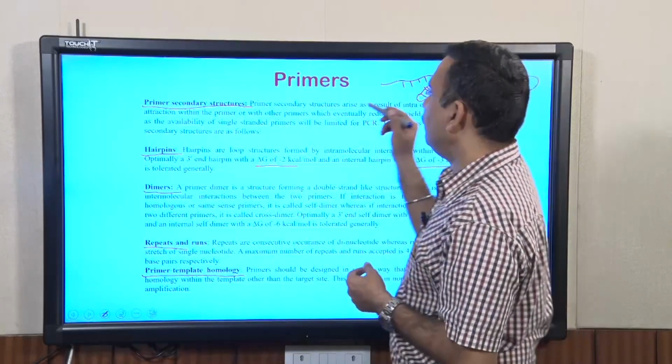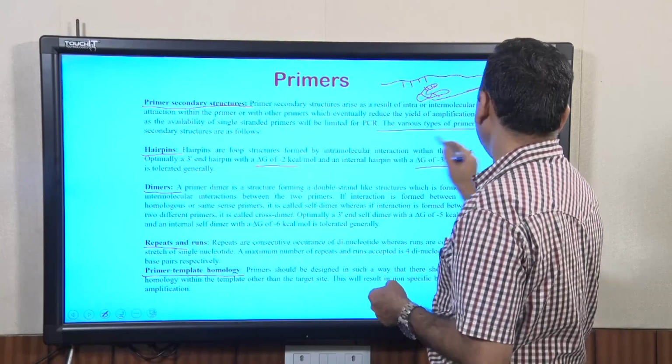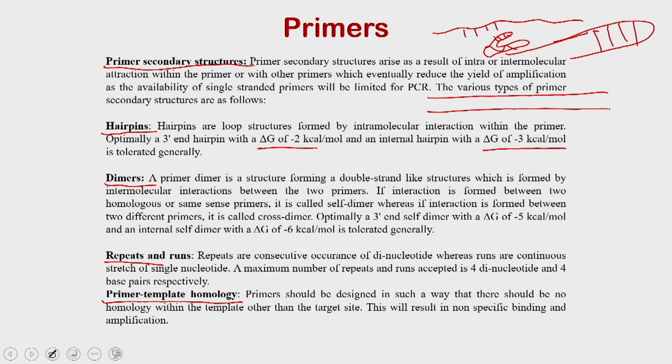For example, if you have a gene of this length, you want your primer to bind at the corners, but it should not be the case that some part of the primer binds all over your sequence. In that case, you are going to get the synthesis of small stretches of this DNA instead of the total length, and that also has to be ensured when you design a primer.